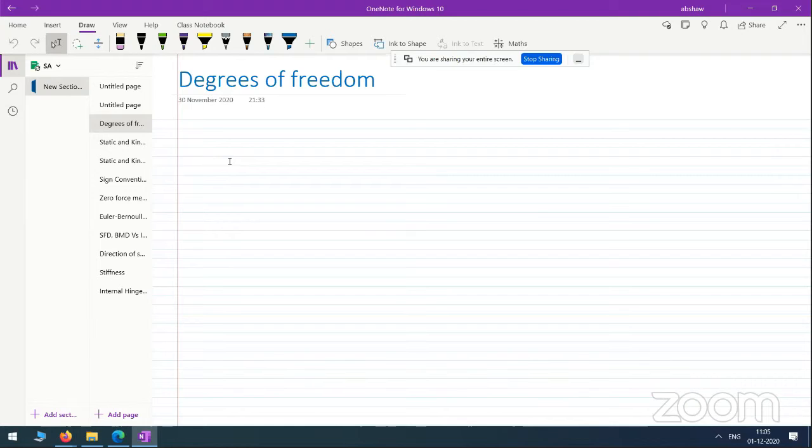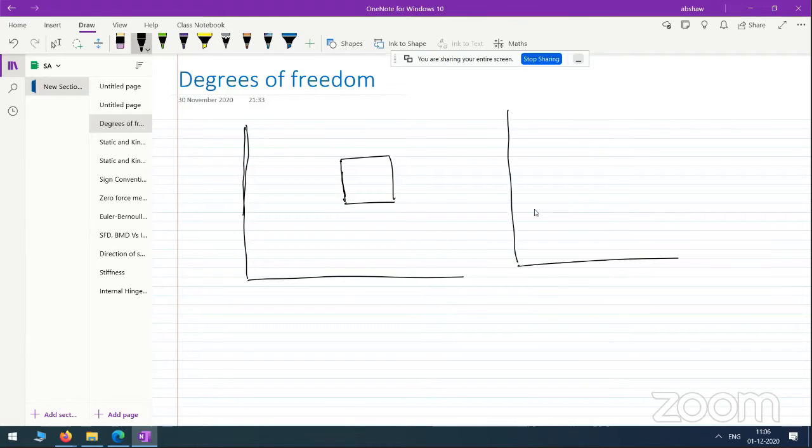Now, for instance, take an example of a small square. Suppose this is undeformed, this is configuration 1, the undeformed configuration, on the XY plane.